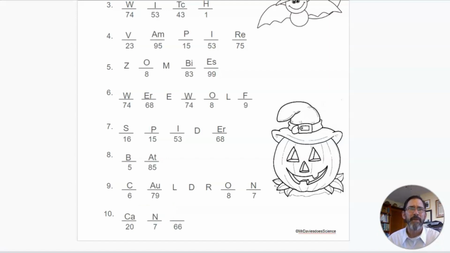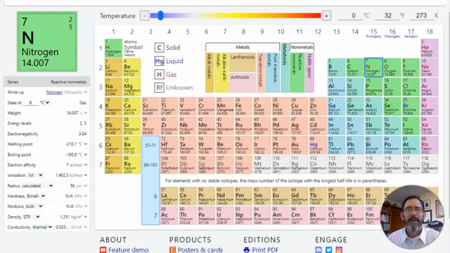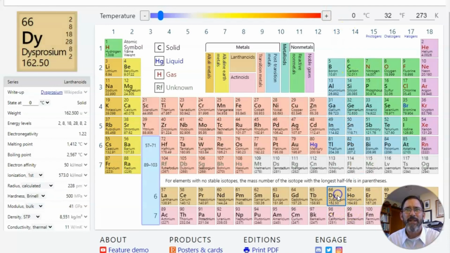The last atomic number for item number 10 is atomic number 66. Atomic number 66 is in the lanthanides. It's right here, dysprosium. Its atomic symbol is a capital D, lowercase y. Dysprosium.